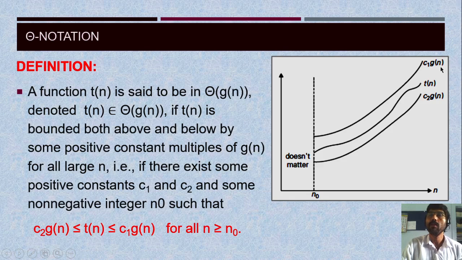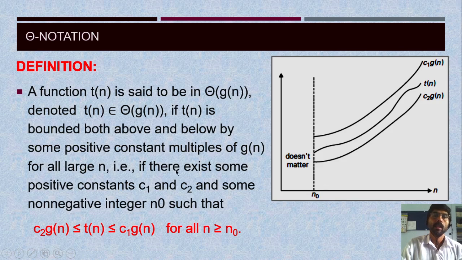Here we are using the same G of n, but the constants are different, and our expression is always bounded within this range, for all large n. The n value should be very large here.